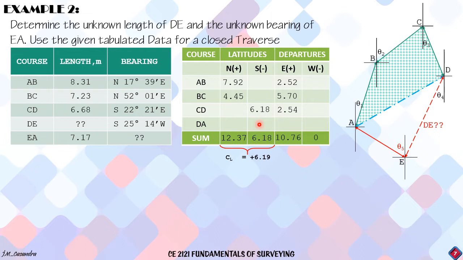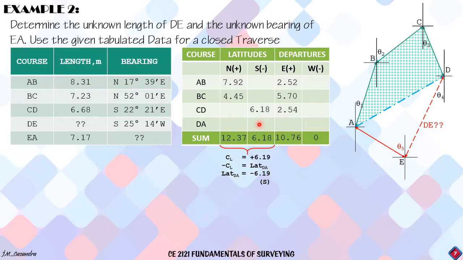So we solve for the difference in latitudes. This one is our correction for latitudes, positive 6.19. And the negative of CL is equal to the latitude of the unknown side, which is DA. So we have now latitude of DA equal to negative 6.19, meaning the latitude is a southing.